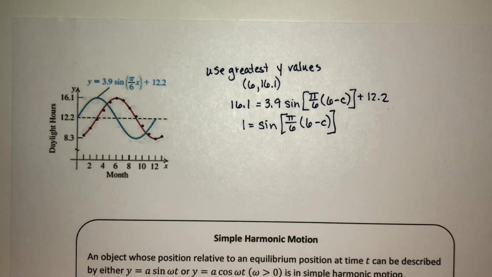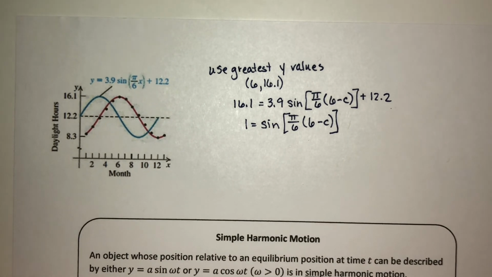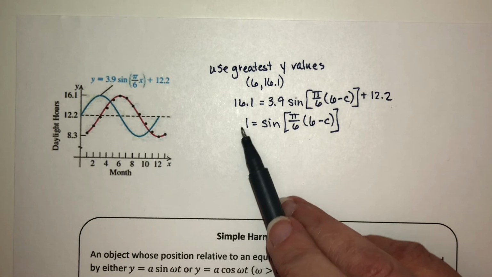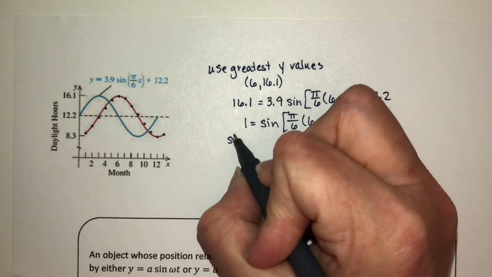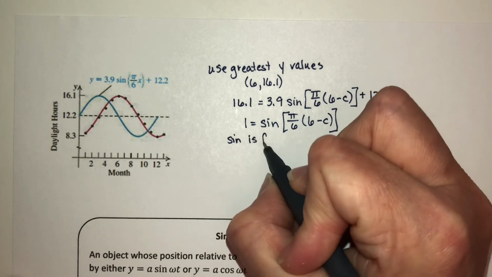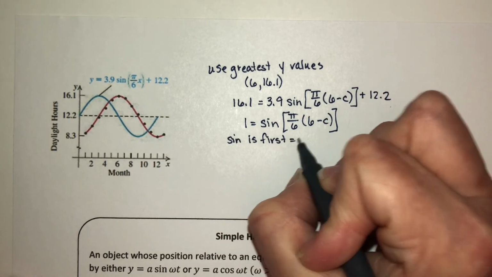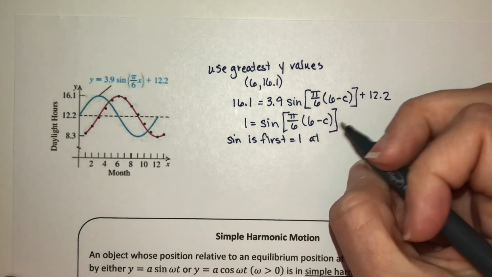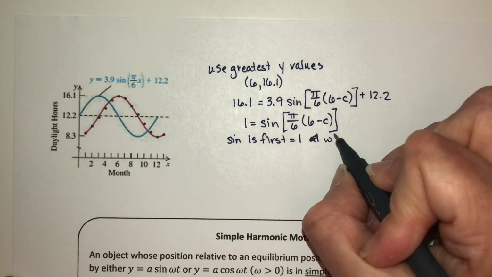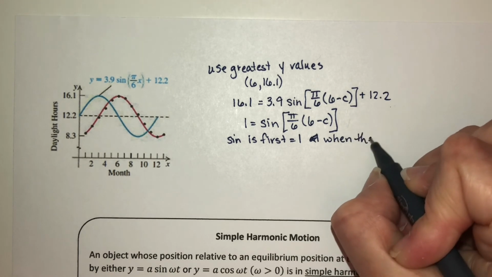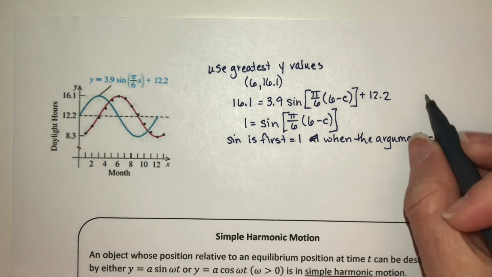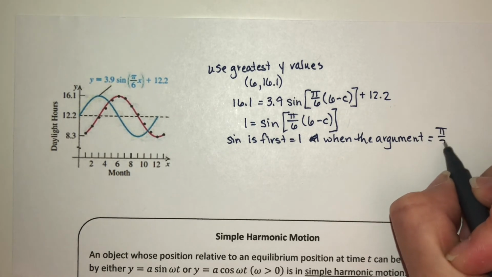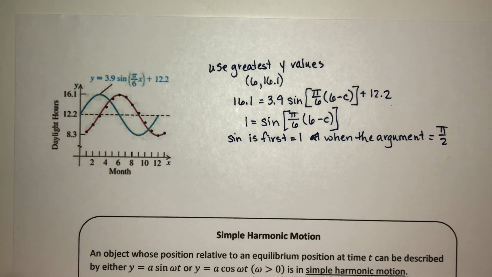Now we need to think about when sine is equal to 1. Sine is first equal to 1 when the argument is equal to pi over 2. If we're taking sine of pi over 2, that's the first time we get 1.